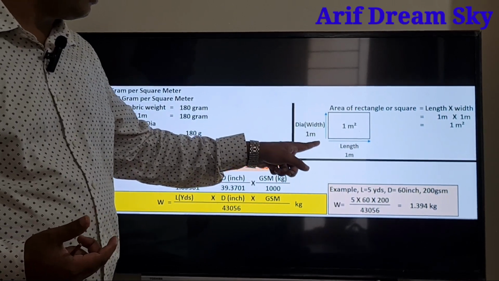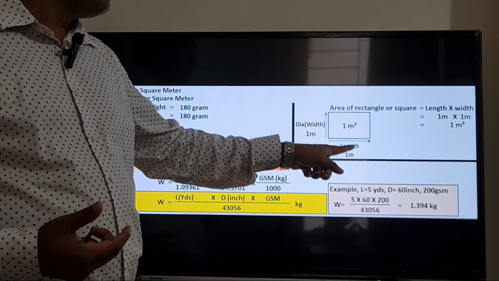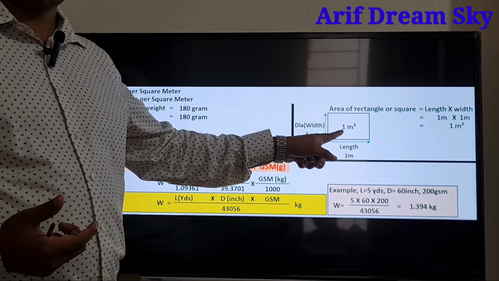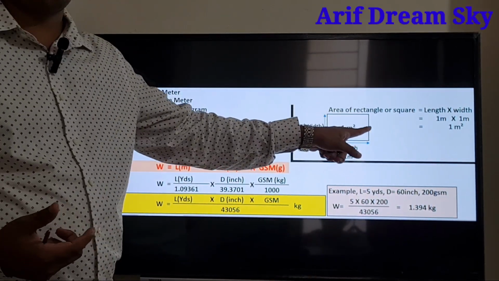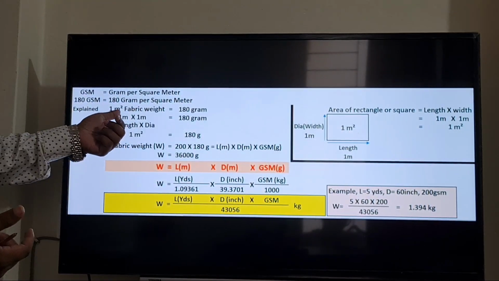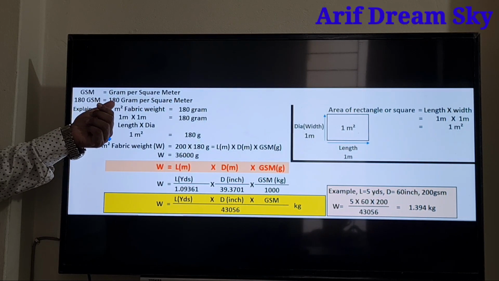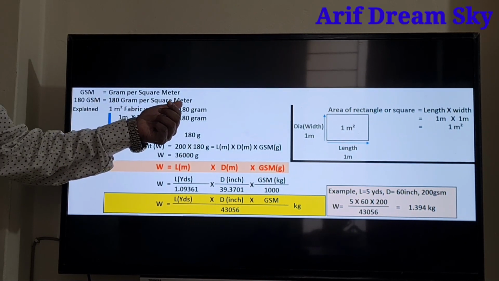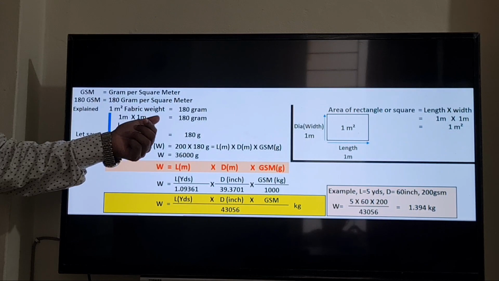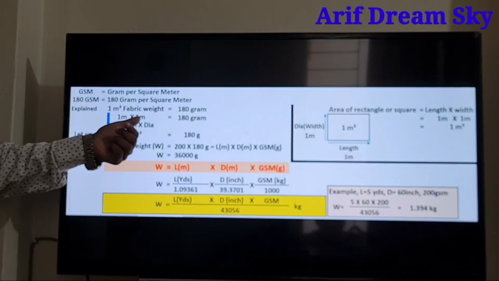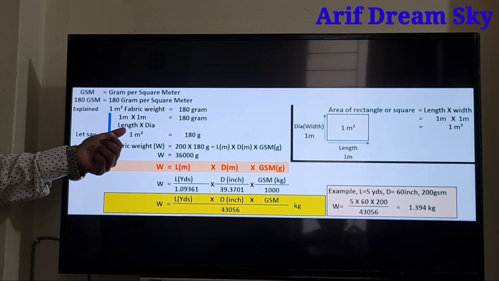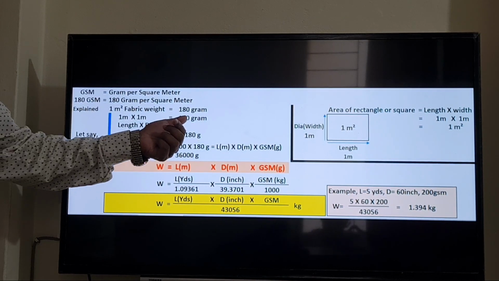If we multiply 1 meter into 1 meter, we get 1 meter square. This is the area of that fabric. So 180 GSM equals 180 gram per square meter, so 1 meter into 1 meter equals 180 gram. This 1 meter and 1 meter is length into dia, equal to 180.